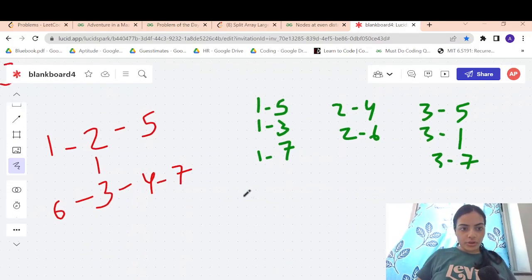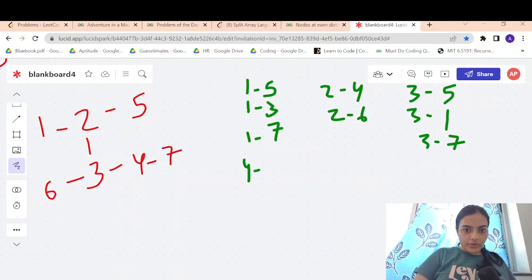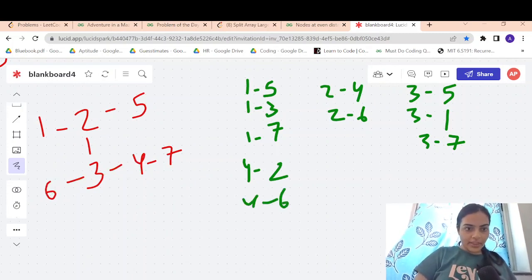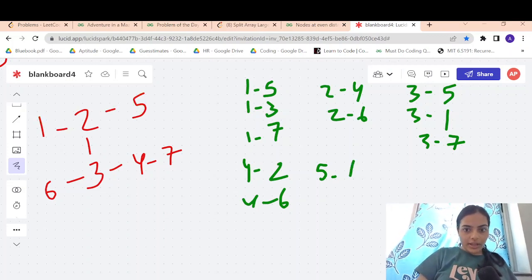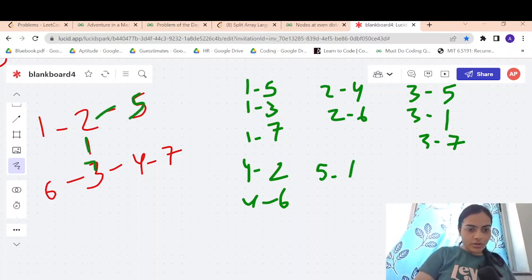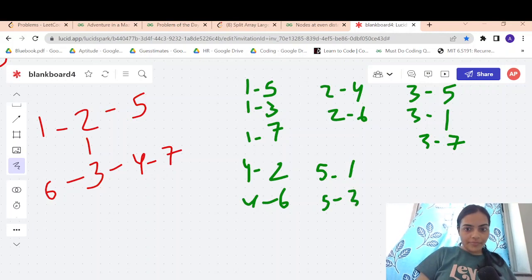Now let's note for node 4. For node 4, you will have 4, 2 as one of the answers. You will have 4, 6 also, which has an even number of edges between them. I think that's it for 4. Now let's note for node 5. 5 and 1 will be one of the answers. 5 and 3 also has an even number of edges between them.